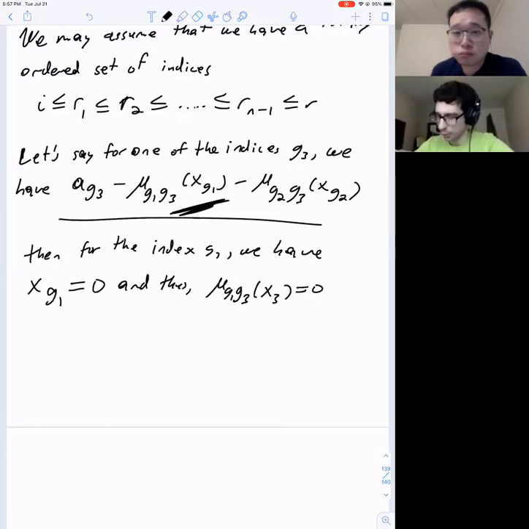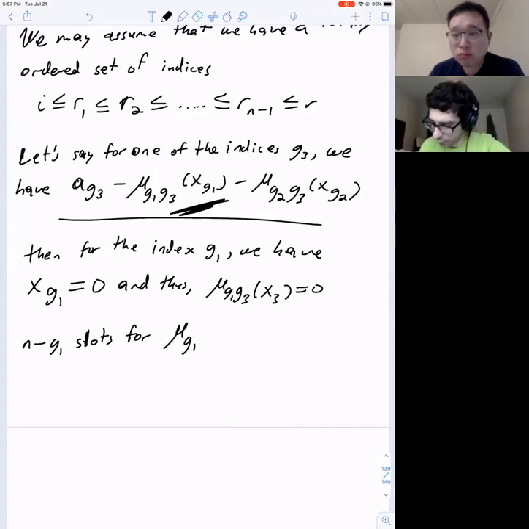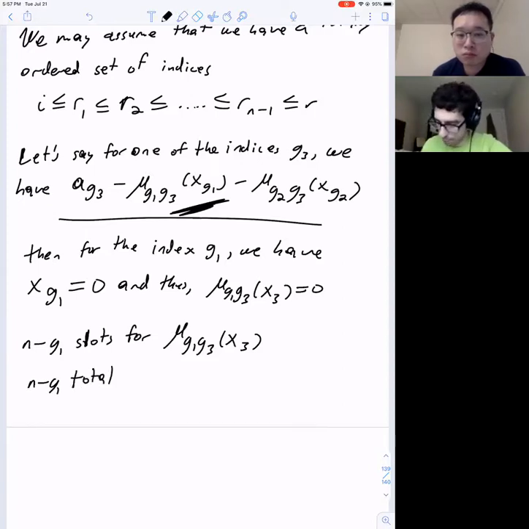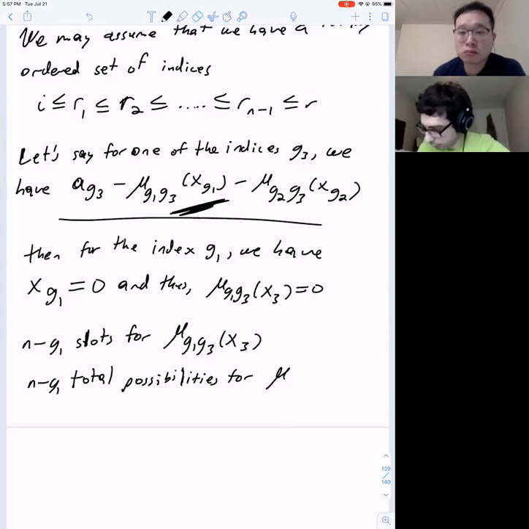To prove this claim, I said that the way to prove this is if you have n minus G1 slots for this element to go into, then there are a total of n minus G1 possibilities for mu I G1.